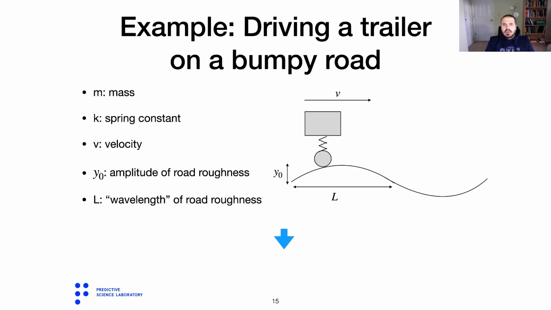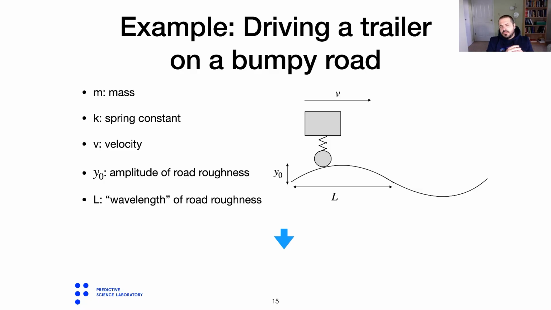Consider a trailer driving on a bumpy road, and first of all we're going to come up with a model for the frequency and the amplitude of the trailer suspension. Let's say that the trailer has mass m, the suspension has a spring constant k. We're going to ignore any damping effects. Of course, this is unrealistic, but for the sake of this example, it's going to be okay.